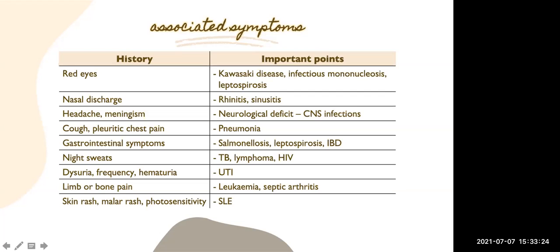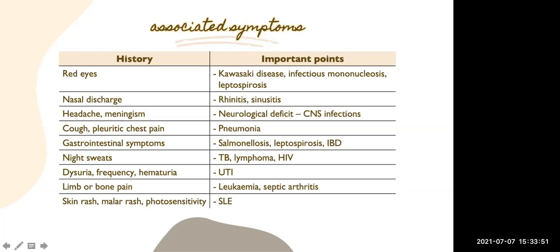And for a baby or infant, we can ask the mother if she's crying during urination. This might indicate UTI. And then if there's any limb or bone pain, or joint pain, it indicates leukemia or septic arthritis. Okay. And then for rashes, such as a malar rash, can indicate SLE.